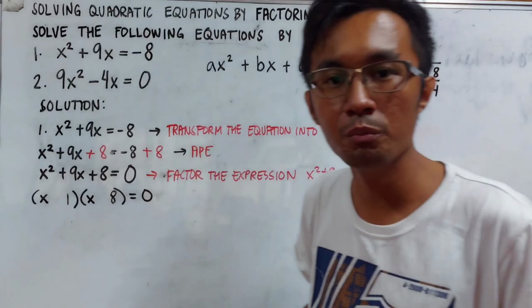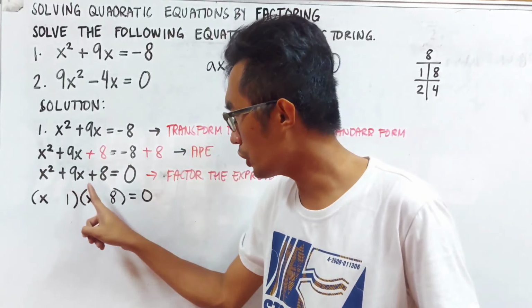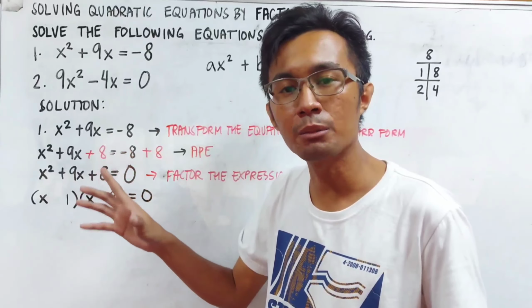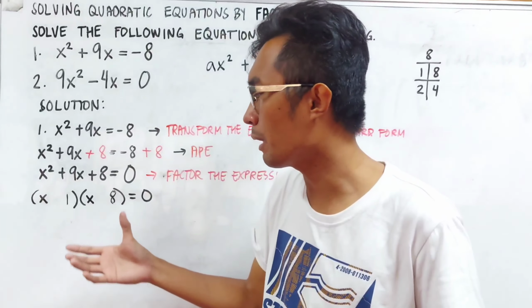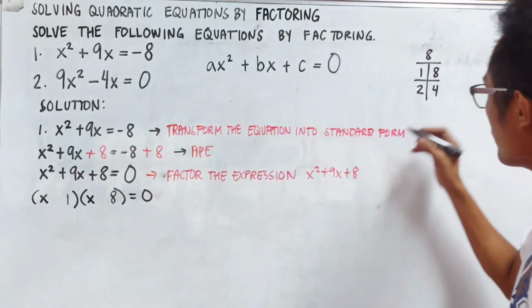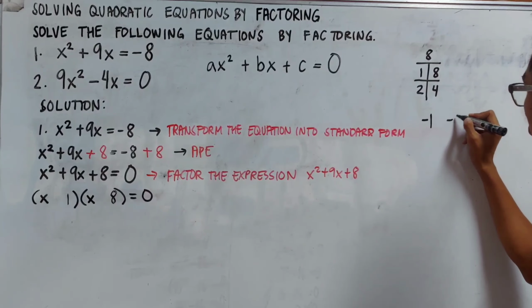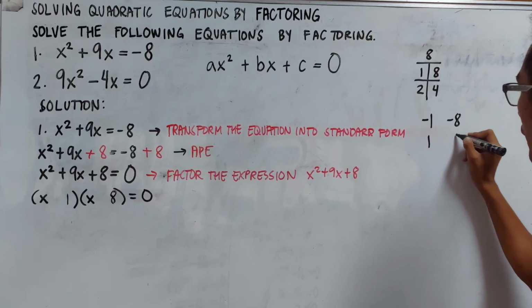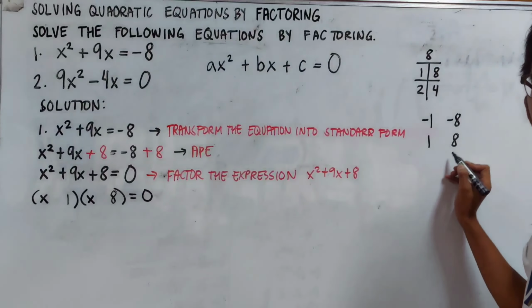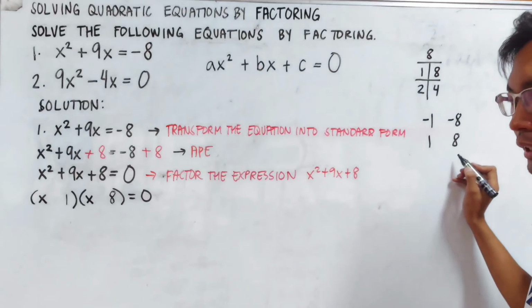Sir, paano naman sir yung mga operation? So, since we have positive here, ano yung mga possible factors? Ano yung mga possible na sign ni 8 para maging positive? We have negative 1 and negative 8 and 1 and 8. Ito yung mga possible sign nung 1 and 8.